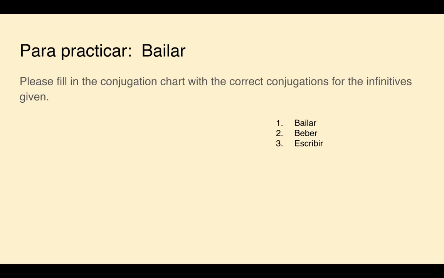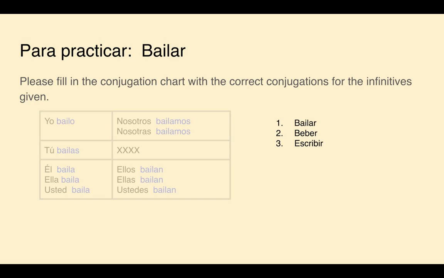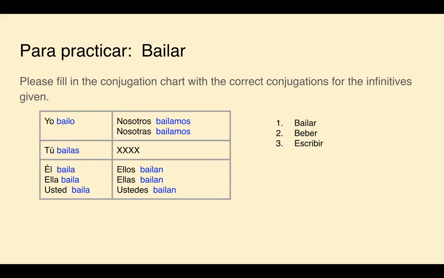So go ahead, pause the video, create your chart, write in the stem and the endings. So hopefully your chart that you filled in while the video was paused looks like this. Yo bailo, tú bailas, él, ella, usted baila, nosotros, nosotras bailamos, ellos, ellas, ustedes bailan.